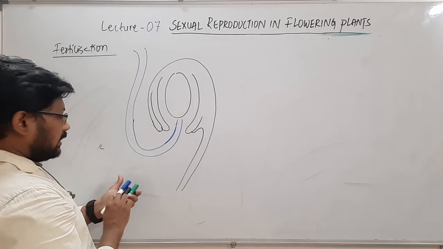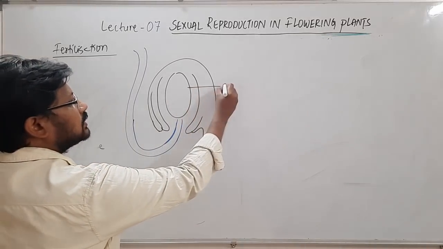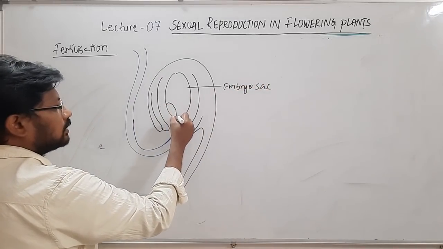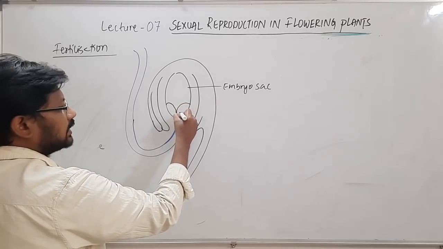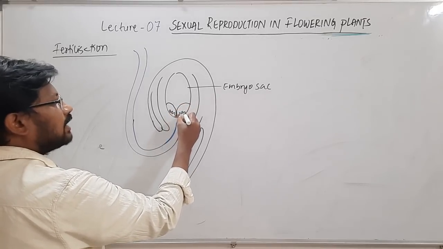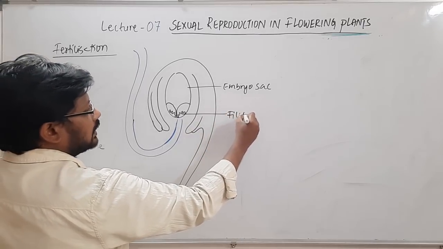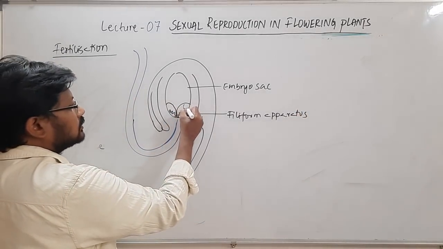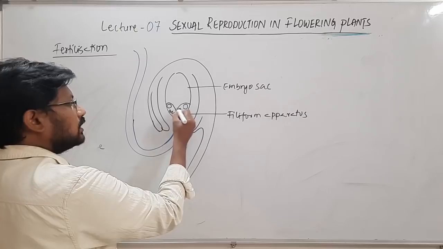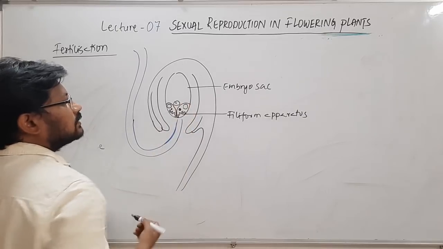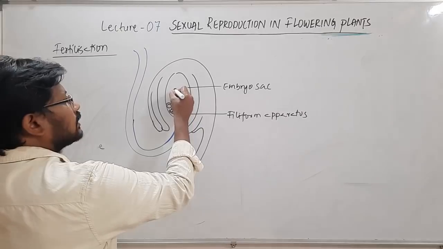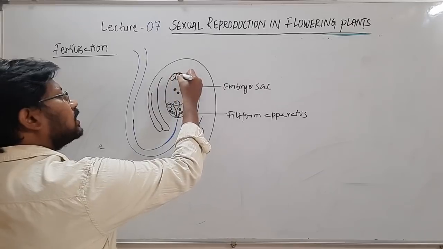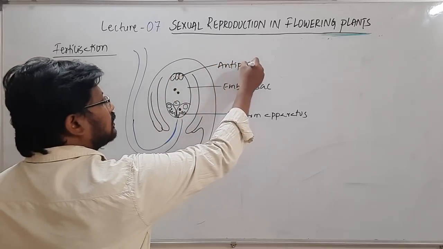Now we know that this is the embryo sac. Towards the micropylar end there are synergid cells, and these synergid cells have the filiform apparatus. Here is the vacuole, the nucleus, and the egg cell, and here there are two polar nuclei, and three antipodal cells. I hope you remember all this.